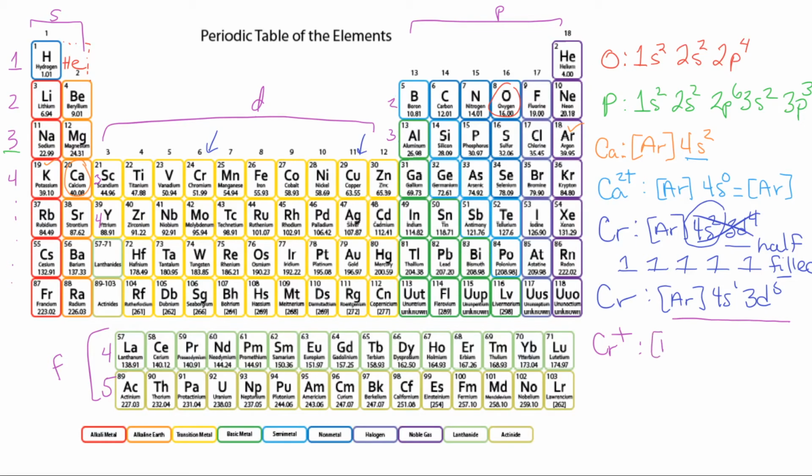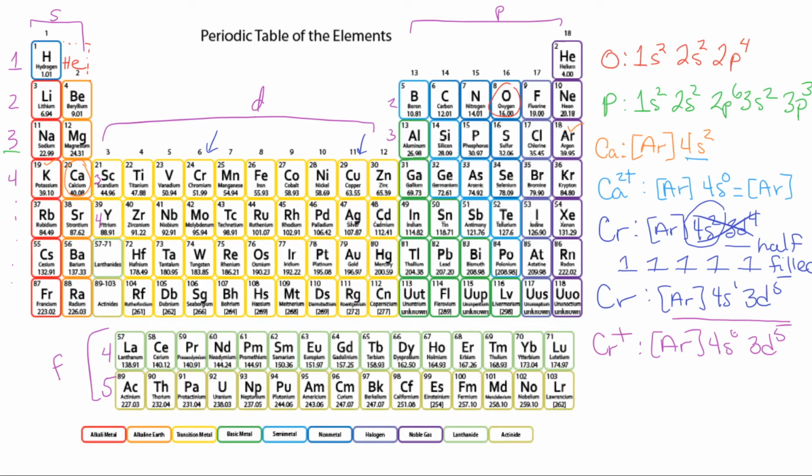So we're still at the argon, and we're going to actually take away from the 4s1 because the 3d5 is more stable configuration, and this 4s1 is kind of like a higher energy state, so we're going to take away from that first and essentially say 4s0 3d5.